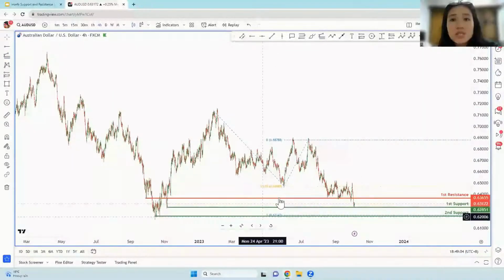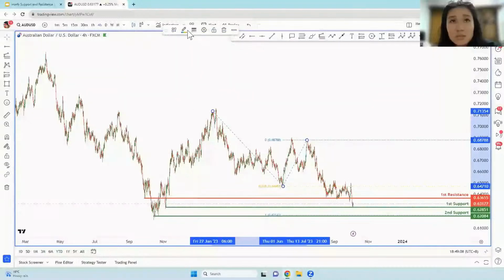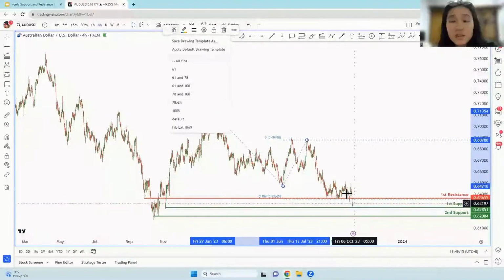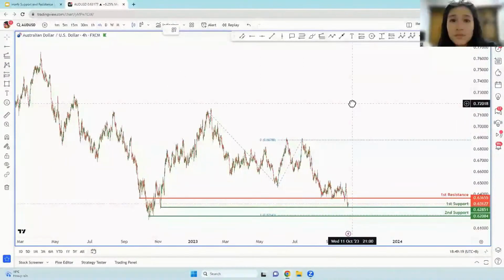My 100% level lines up with my second support. Let me see if my 78.6 lines up. It lines up, but it's no longer valid because price has already broken out of it. So just my 100%. Next.